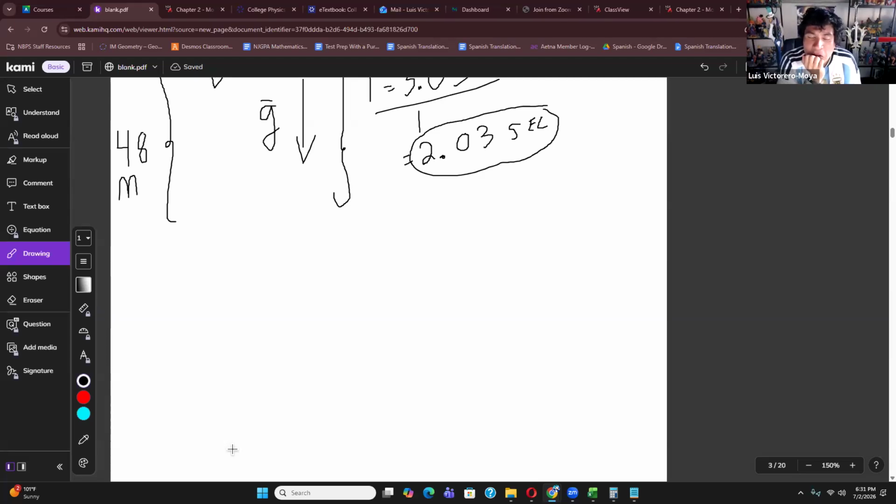Okay, what equation did you use, guys? I'm not sure if I'm correct, but I used velocity final equals velocity initial plus or minus gravity times the time. No, wait a moment, you don't have the final velocity.